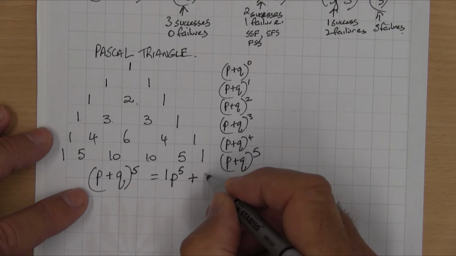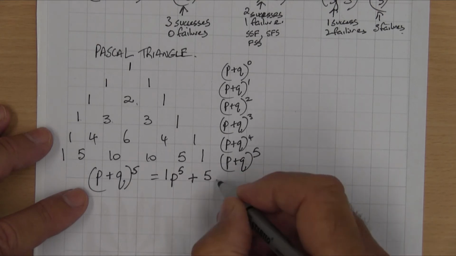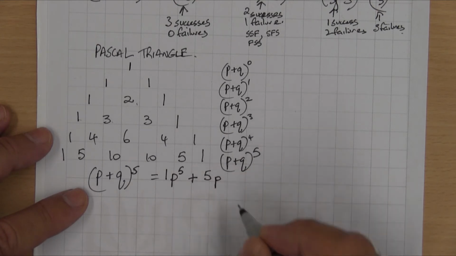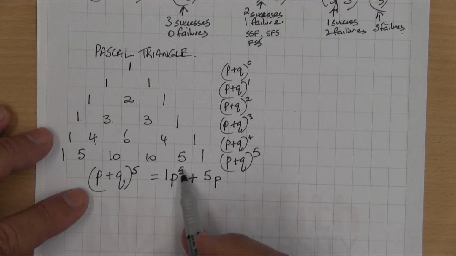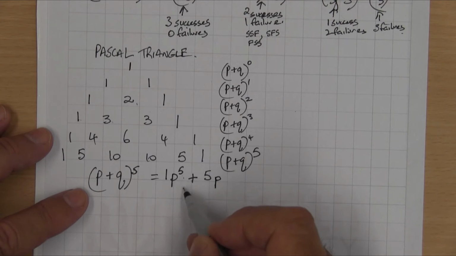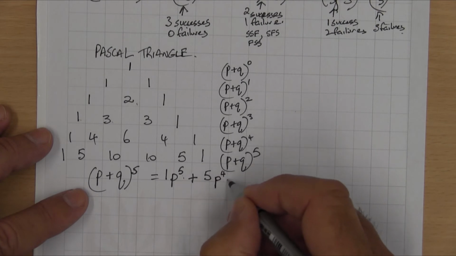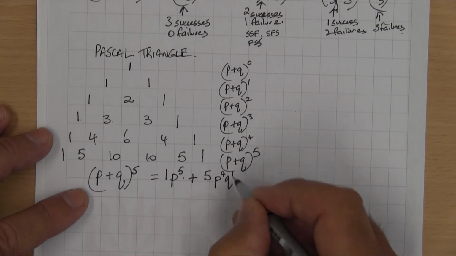The next coefficient will be 5. Now the general pattern here is that the powers of P go down by a power and the powers of Q go up a power. We could have had Q to the power of 0 there. Anything raised to the power of 0 is 1.